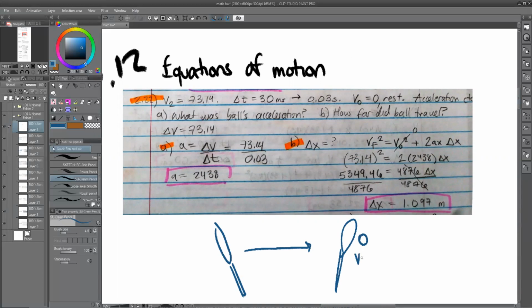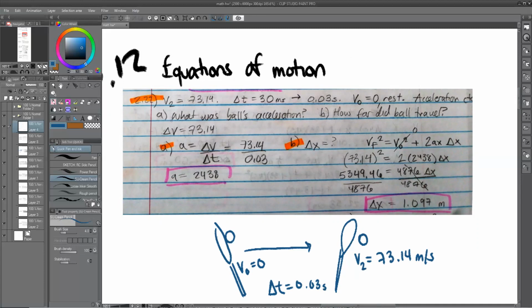The speed at which it left the racket is 73.14 meters per second, and the speed that it was originally on the racket is 0. This is the situation that they're referencing. And it does this over a period of time of 0.03 seconds.